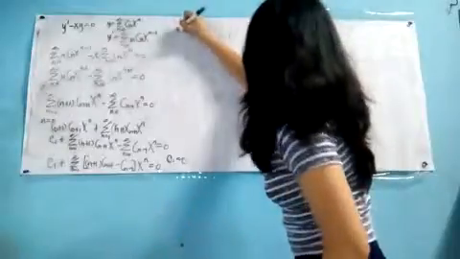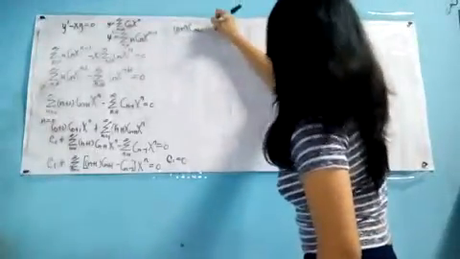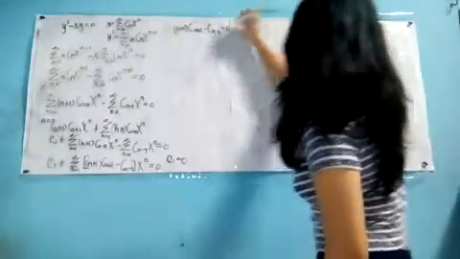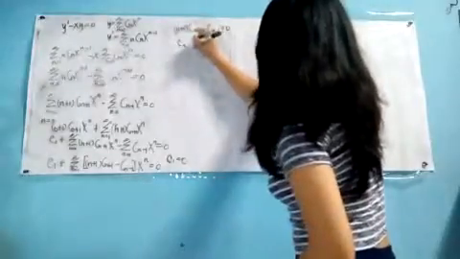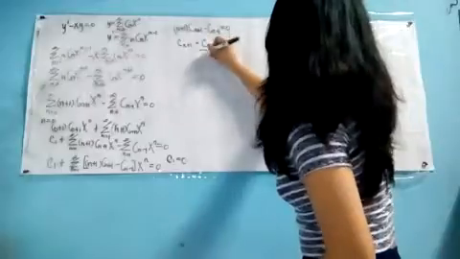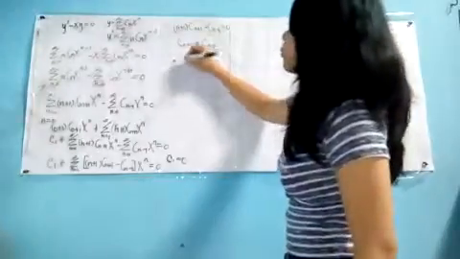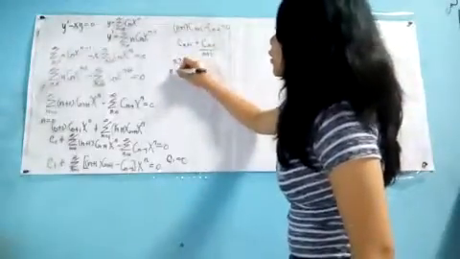So arranging this equation, n plus 1 cn plus 1 minus cn minus 1 is equal to 0. Arranging this, cn plus 1 is equal to cn minus 1 over n plus 1. So we will substitute values of n greater than or equal to 1.